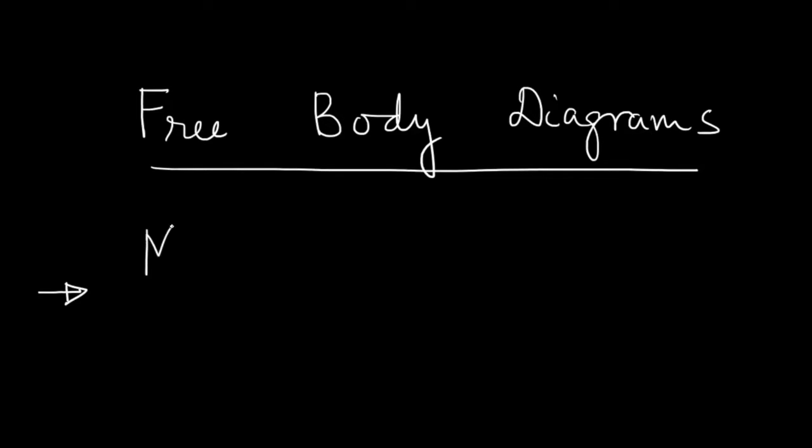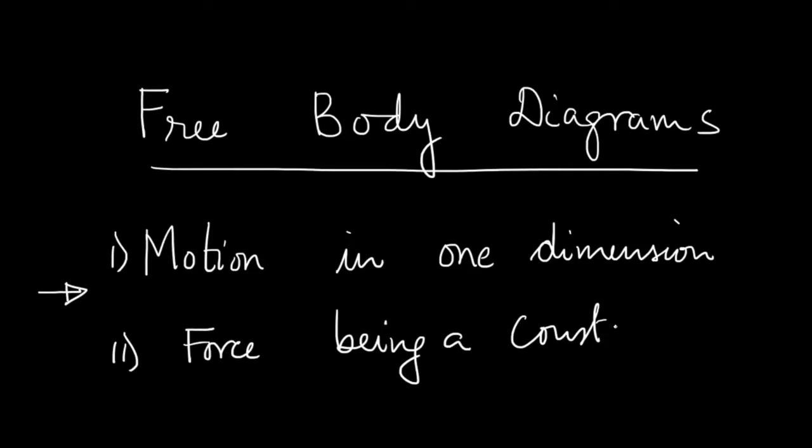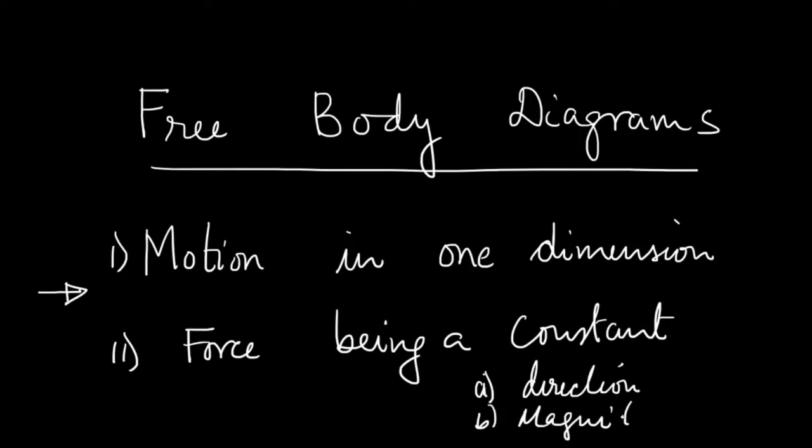That is, we'll consider motion in one dimension. Also we will consider the force being a constant force, and by constant I mean constant in direction and also in magnitude. Okay, so let's go over these things one more time.